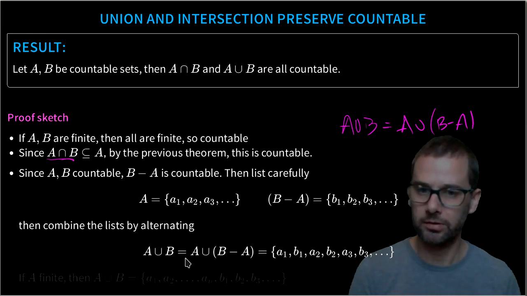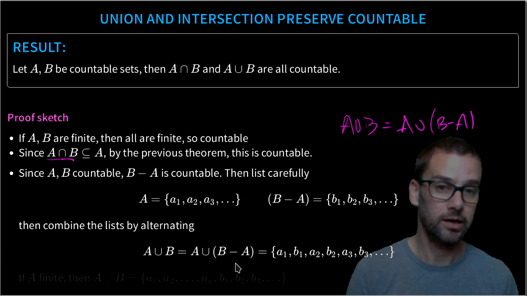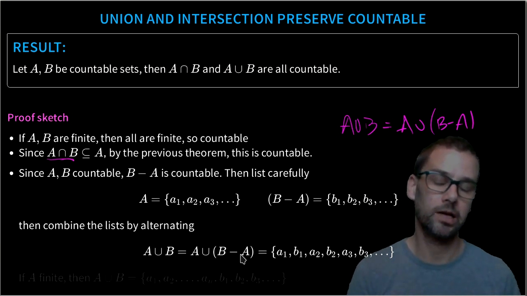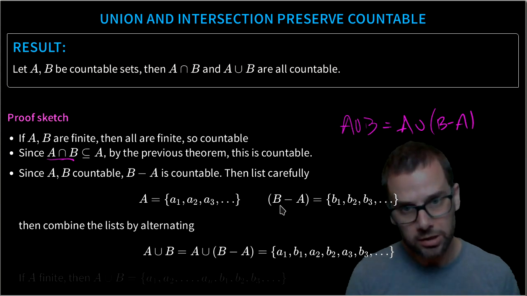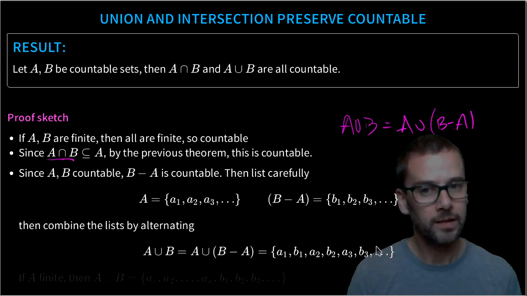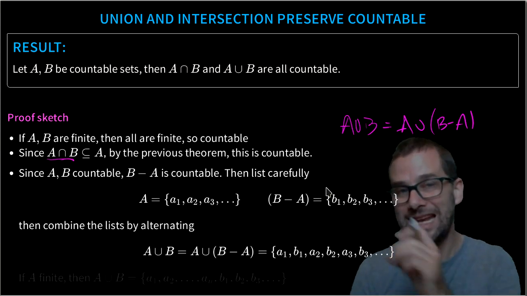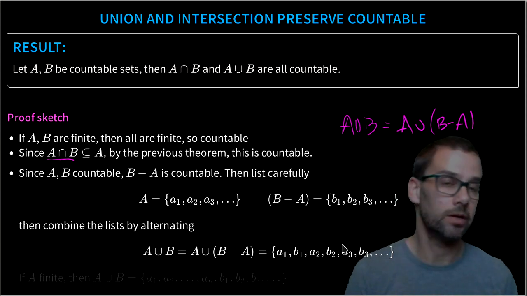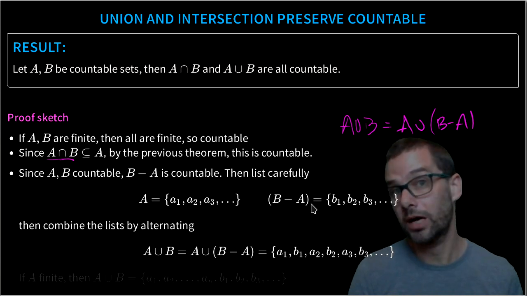I'm going to do the same sort of thing: an element of A, an element of B, an element of A, an element of B. And this list, by construction, won't repeat anything. Because the original lists had the nice property that any given element appeared at some finite time, any given element of this union appears at some finite position in the list. So this way of listing things out is still nice.